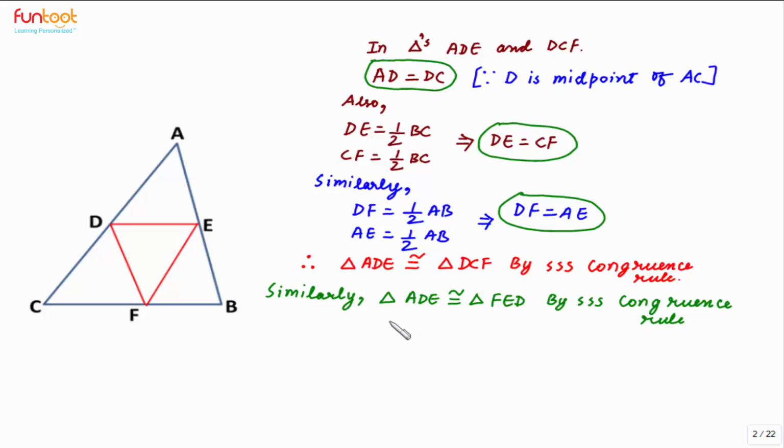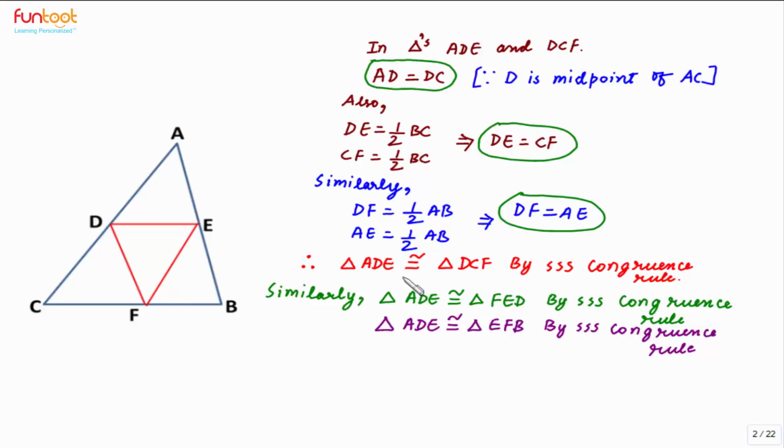Also, in the same manner, we can say that triangle ADE is congruent to triangle EFB, and this too by SSS congruence rule. What this means is that this triangle is also congruent to this triangle.